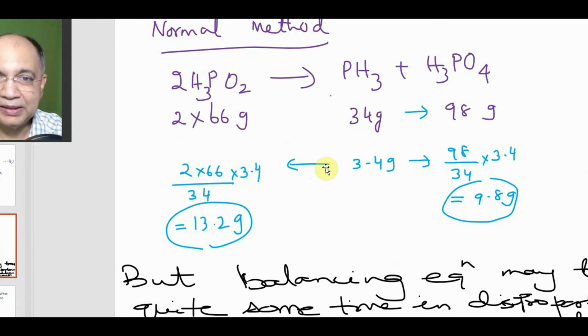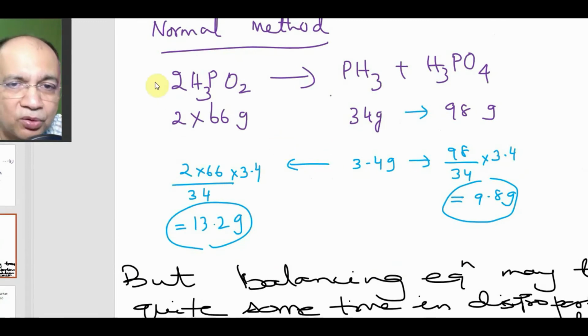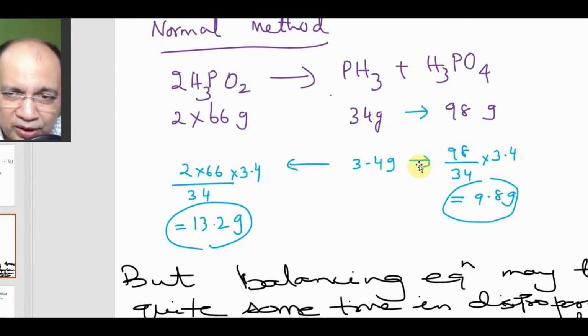Now see, the normal method. Since we know the coefficients 2, 1, 1, this is a simple equation, simple disproportionation, 6, then 2 into 66 gram, 34, 98. So this data is given, so we go rightwards to phosphoric acid, this by this into this, 9.8; go leftwards, this divided by this into 3.4, so we get the same answer.